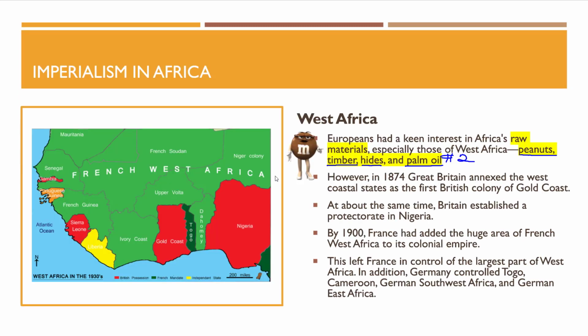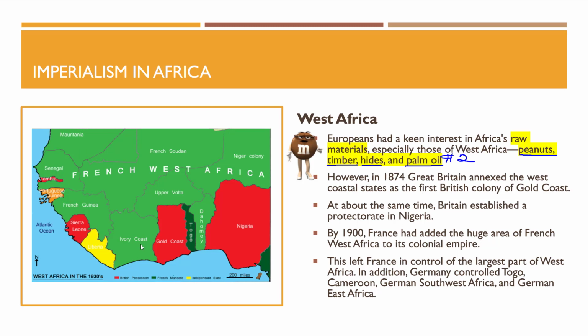This is number 2. As you see here, in West Africa, they took a keen interest in the raw materials like peanuts, timber, animal hides, and palm oil. Okay, so the French was able to obtain a lot of West Africa. As you see here, they were able to get the Gold Coast, French Guinea, Mauritania, Senegal, and so forth.